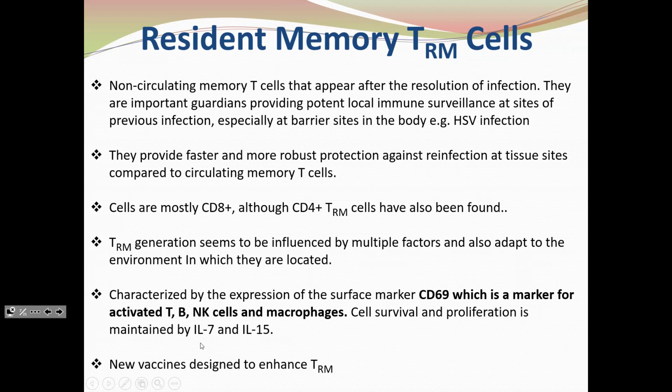Because of the effectiveness of these resident memory T cells in attacking subsequent challenge with viruses, a lot of research in trying to develop new vaccines has gone into trying to get T cell vaccines.